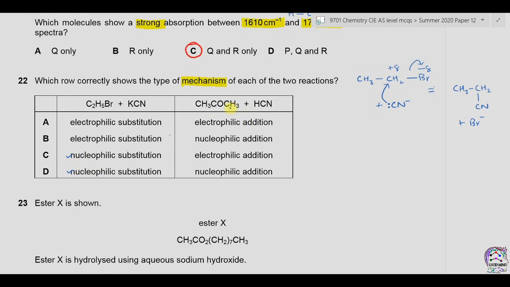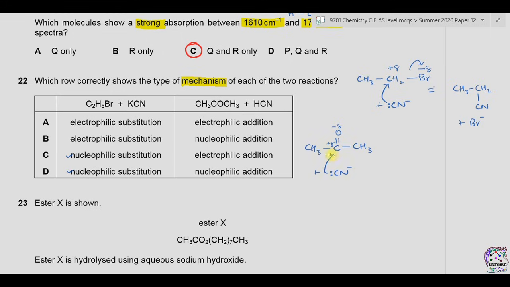Now let's find out the mechanism for the ketone with HCN. CH3, carbonyl carbon, CH3 plus HCN. Again we have a partial negative charge on oxygen and a partial positive charge on the carbon atom.